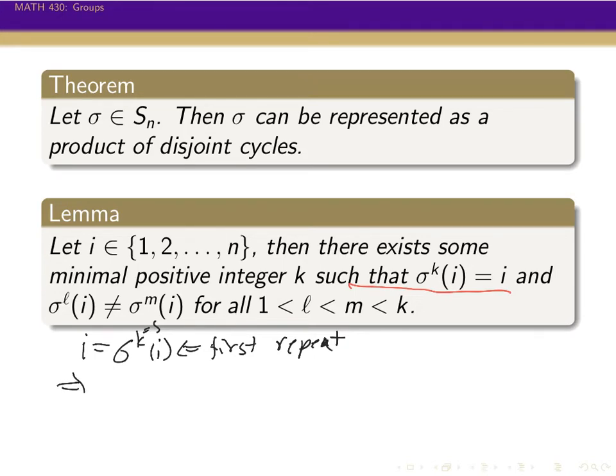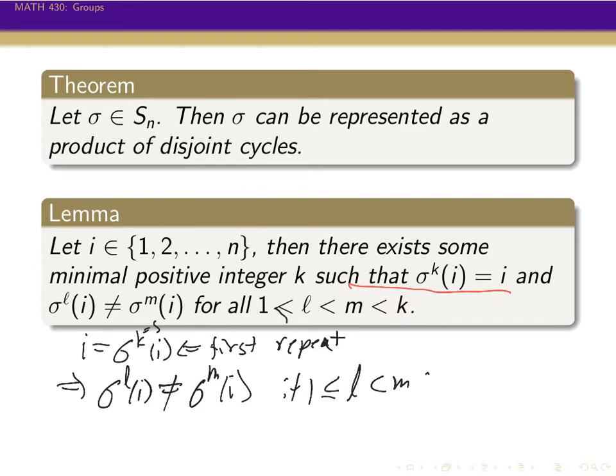And so by being the first repeat, this gives us that sigma L of I can't be equal to sigma M of I if L and M are different and L is at least 1 and they're all smaller than k. These can't be the same anywhere before this if the first time things are repeated is at sigma k. So all the things before it are distinct.